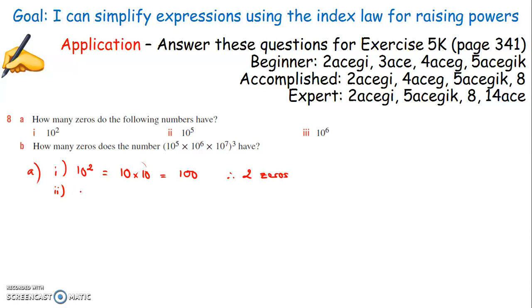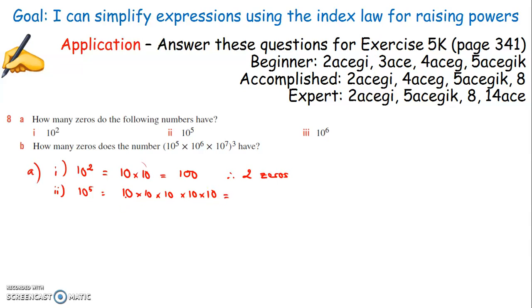Next, we have 10 to the power of 5. What does that mean? That means 10 multiplied by itself 5 times. So we have 10 times 10 times 10 times 10 times 10. 1, 2, 3, 4, 5 tens.